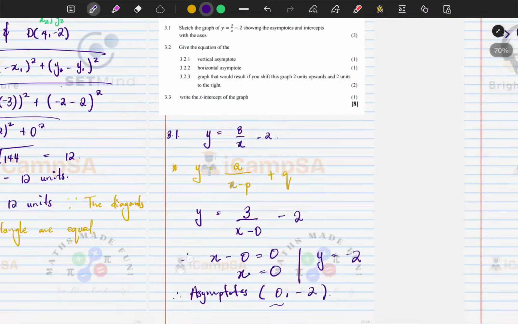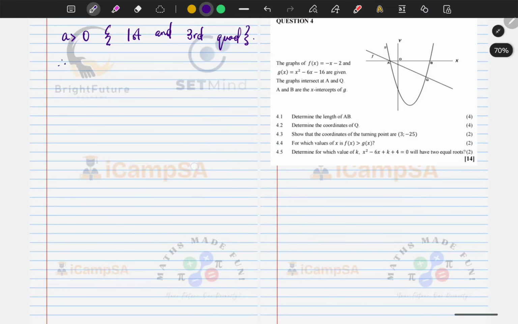Now we want the x-intercept, right? So in order for us to find the x-intercept, that means that our y should be equal to 0. So for the x-intercept, y should be equal to 0. So it's going to be 0 equals 3 over x minus 2, right?